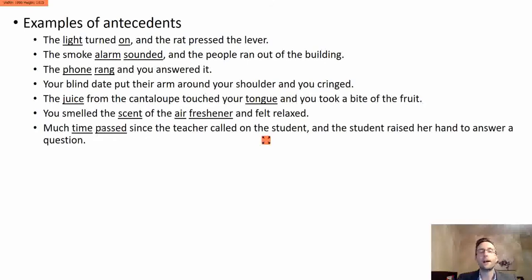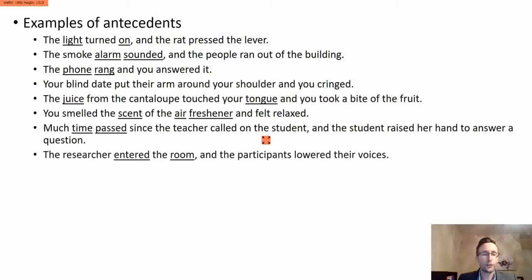Here we have time passed, and the passage of time can't be sensed. You cannot observe time passing. You can notice that digits on a digital watch have changed, or the hands on a clock have moved. So they're indicators of the passage of time, but you can't sense that. So it's important to note that sometimes antecedents are, in a sense, invisible. You can't see them.